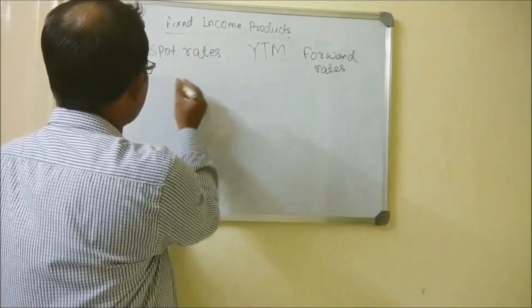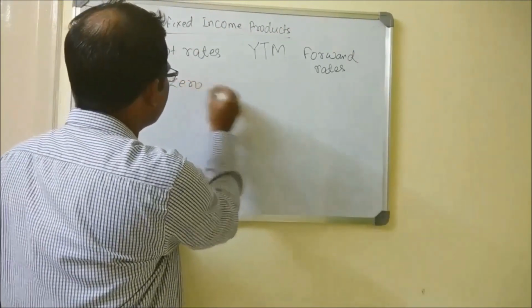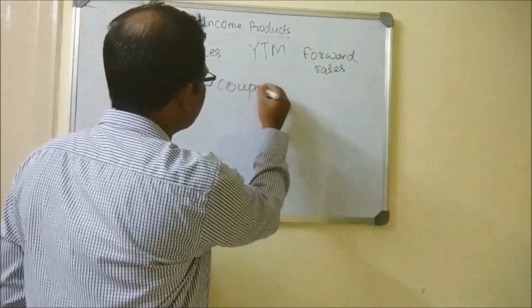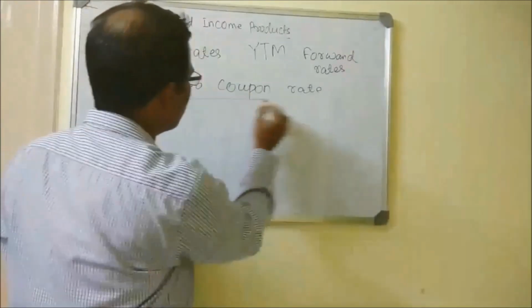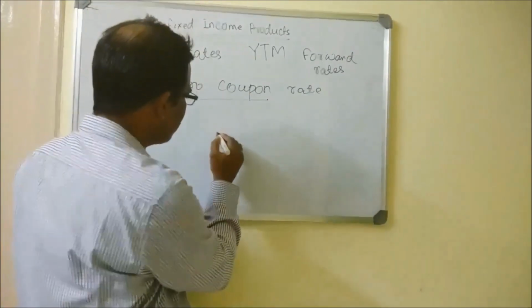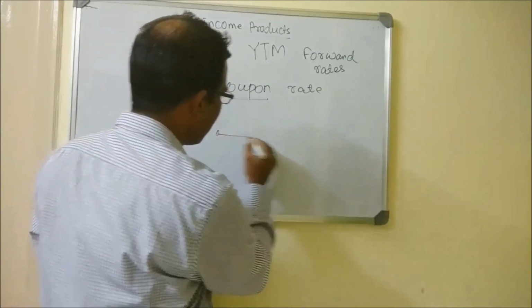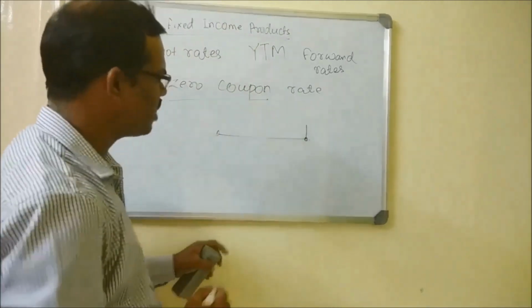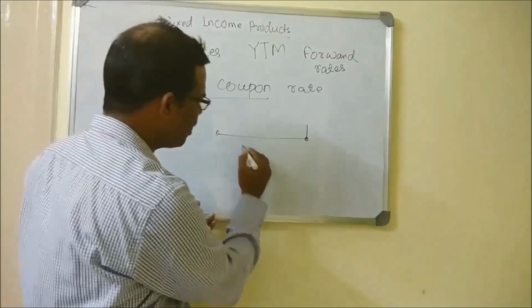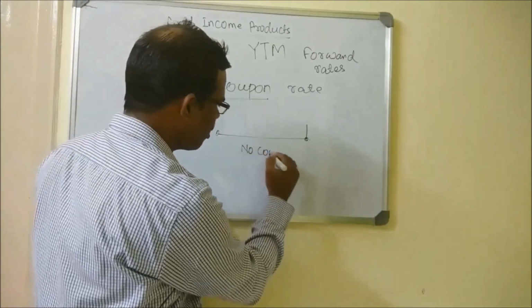It is also called the zero coupon rate. Why zero coupon rate? Zero coupon means if you invest in a bond and hold it till maturity, the bond will not give any coupon in between.